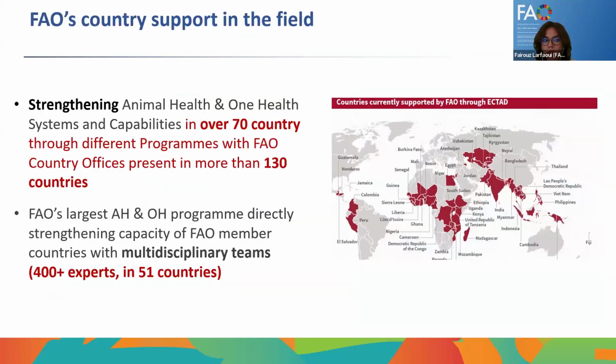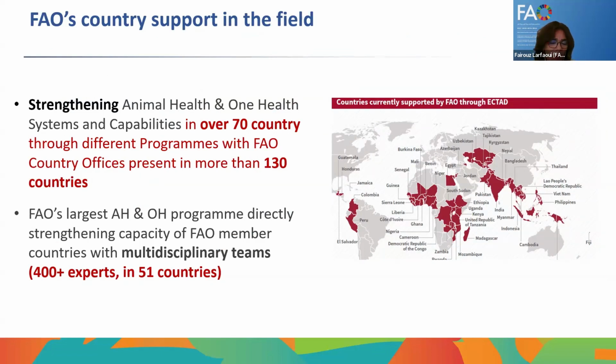Here is just to show you how much we are engaged in the field at country level. We don't go into detail on how FAO is structured, because we have been informed that you are quite familiar with this organization, but we have headquarters in Rome, and country offices, and different programs strengthening animal health and One Health systems and capabilities.